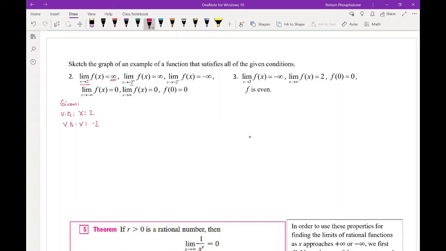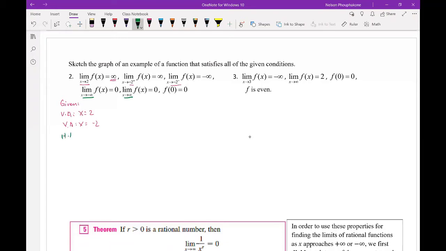And then to this one, the limit is actually the same as the second condition, right? We will have the vertical asymptotes at x equal to 2, -2. And then to this one, we have x approaching negative infinity or positive infinity, which is related to the horizontal asymptote.